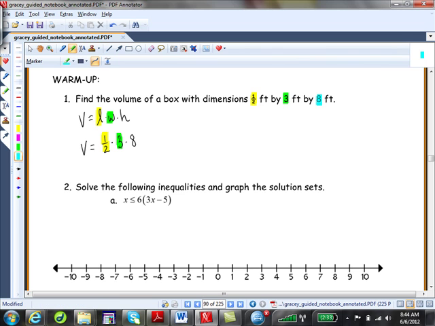We can do this multiplication in any order, so I'm going to do the 1/2 times 8. That'll yield a result of 4. So our volume will end up being 12 cubic feet. And we're good to go.